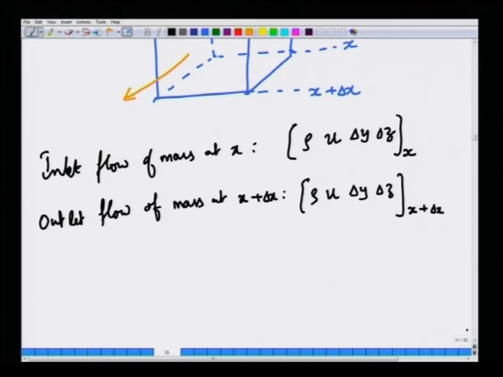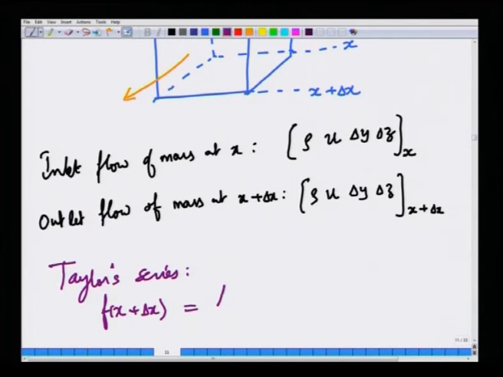Now a key thing comes that we have to evaluate a quantity at x plus delta x. So we have to use what is called a Taylor series. The Taylor series says that if you want to evaluate a function at x plus delta x, where delta x is infinitesimal, that is approximately equal to the function at x plus its derivative evaluated at x times delta x plus higher order terms.